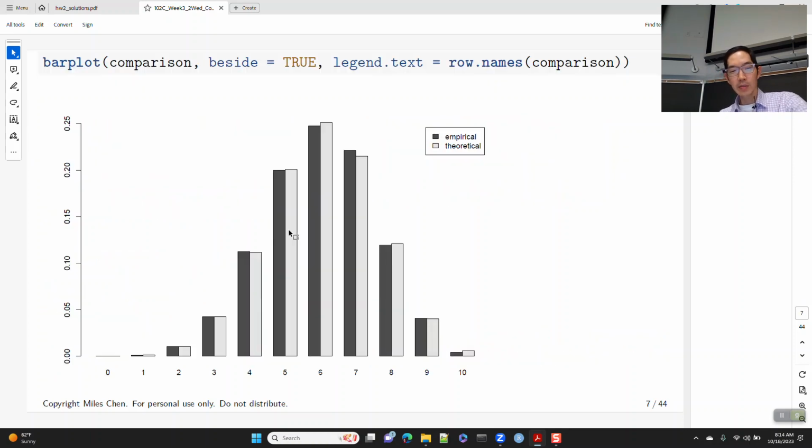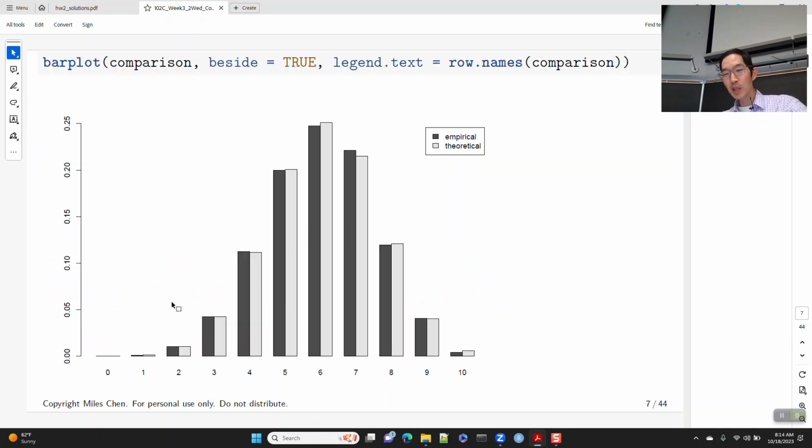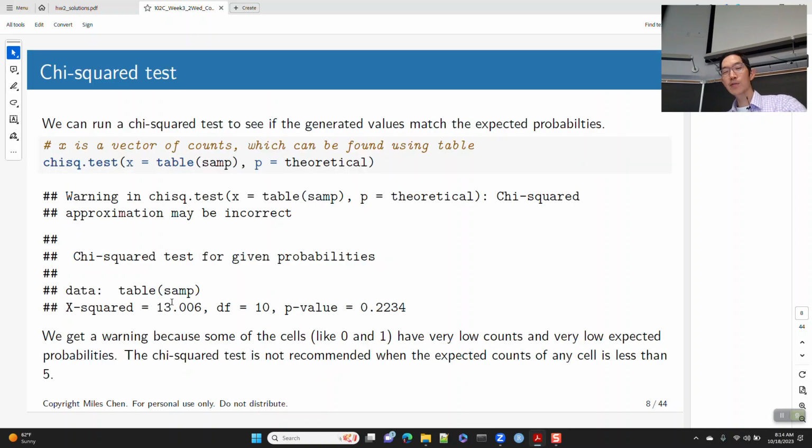And some of these things like 0 and 1, the theoretic probability is 1 in 10,000, so 10 to the negative 4. So we're expecting like 1 in 10,000, and therefore the chi-square test kind of fails here or has problems.